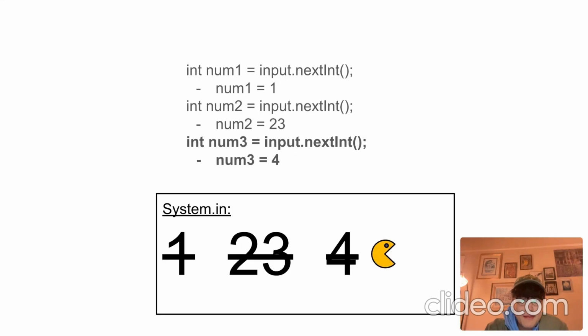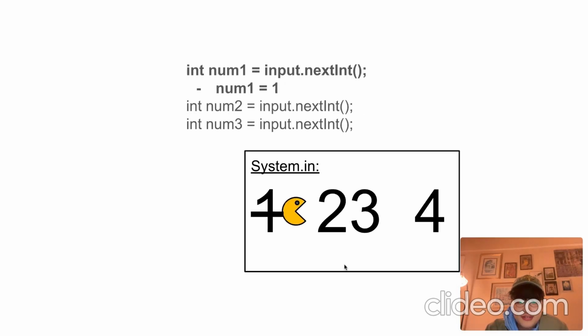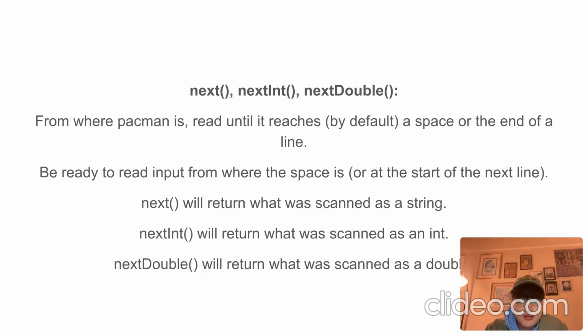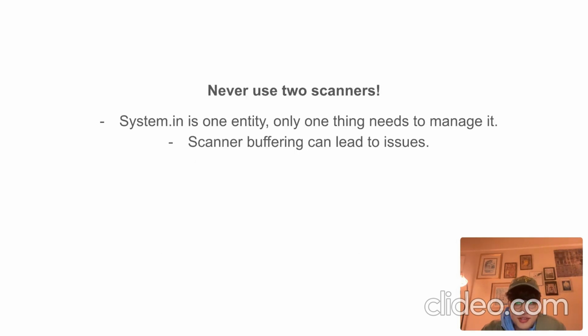Imagine you had two Pac-Mans eating the stuff at once. That's going to be really hard to keep track of, and most likely you'll run into some errors. So for that reason, stick to one scanner. And again, with two scanners, you'll have this buffering error, which I'll cover in a second and explain, which could lead to more issues.